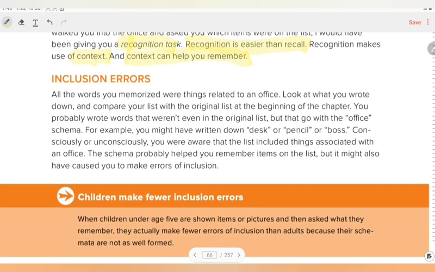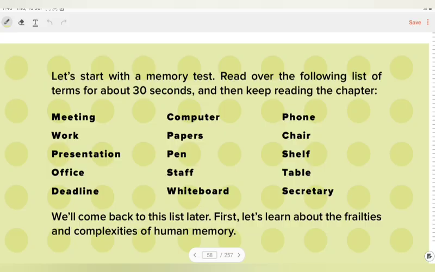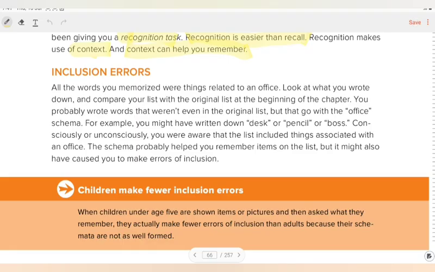Inclusion errors. All the words you memorized were things related to an office. Look at what you wrote down and compare your list with the original list at the beginning of the chapter. You probably wrote words that weren't even in the original list, but that go with the office schema.